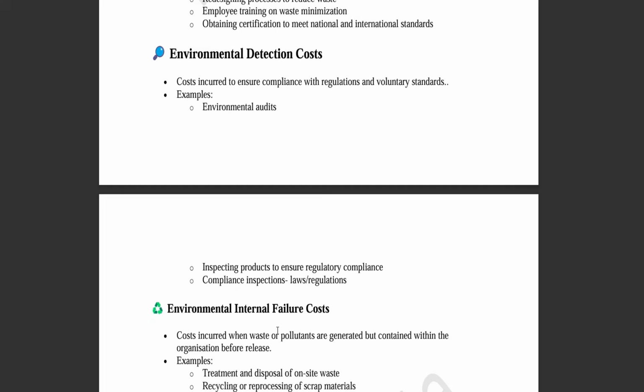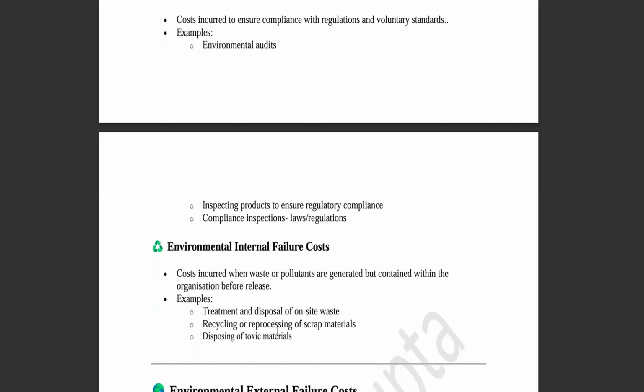Okay. And the third is environmental internal failure cost, meaning cost incurred when wastage or pollution generated in the factory is contained within the organization before release. Suppose we are manufacturing the product and there will be certain waste that we need to dispose of, but we have not done treatment yet.